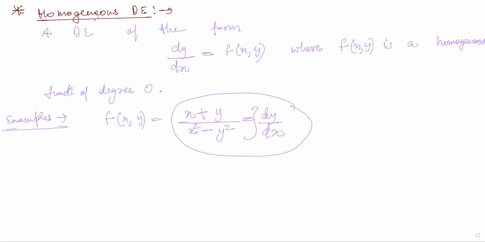No, sir. And why is that? Because the degree in the numerator is 1 and the denominator is 2, which is not equal. So the final degree of this differential equation would not be 0. It would be -1, right? So this will not be a homogeneous differential equation. This will not make the cut, right?